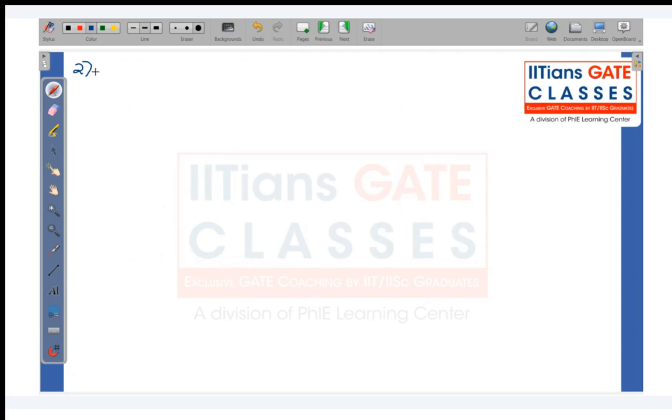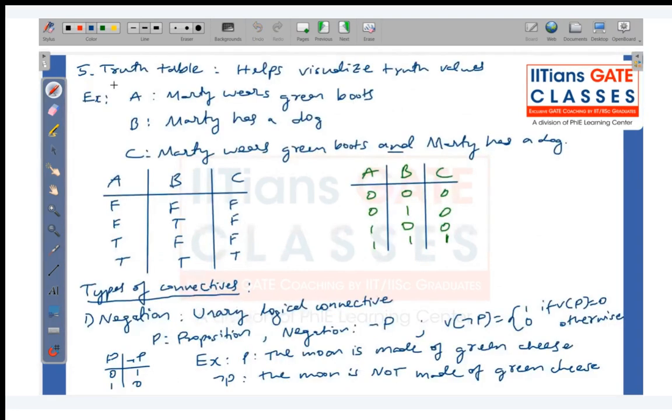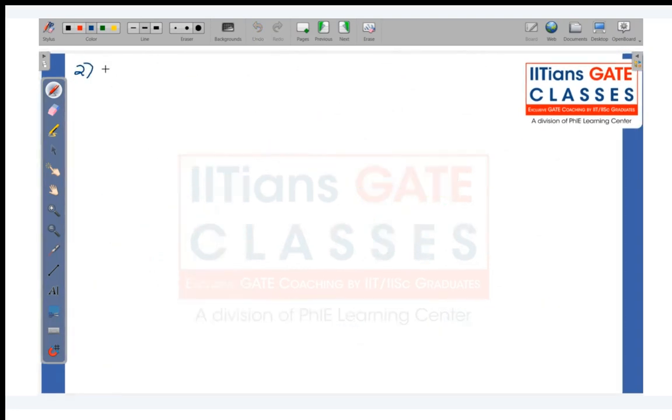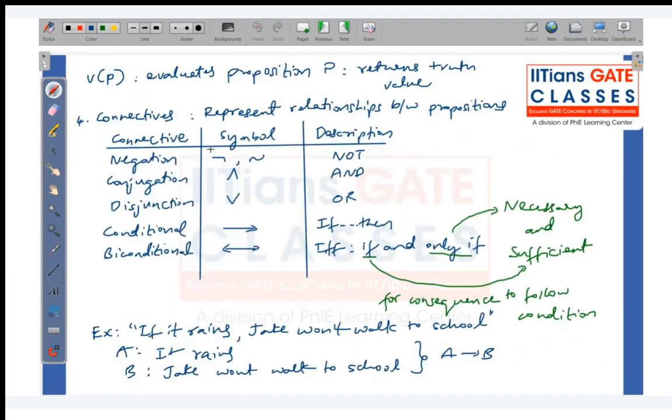Conjunction. Okay, so this one is a binary logical connective. I'll ask one more question now. Forget about conditional for the moment.